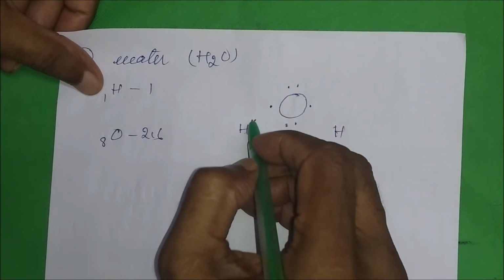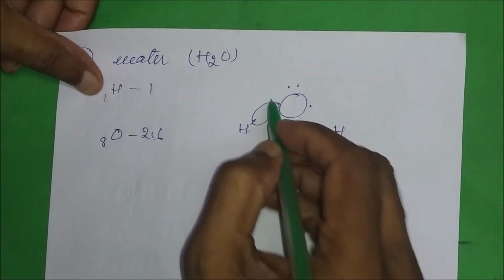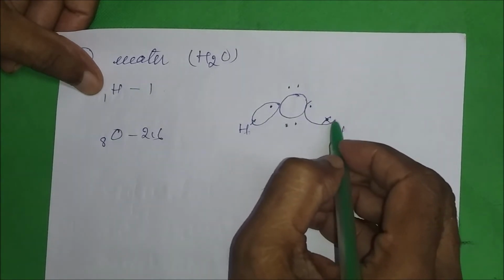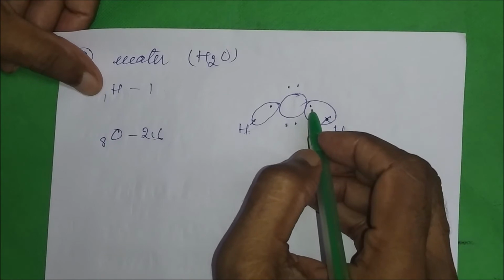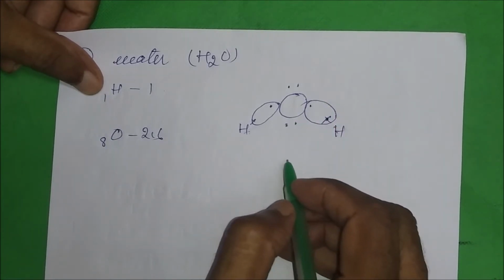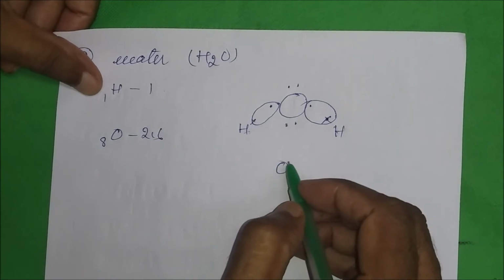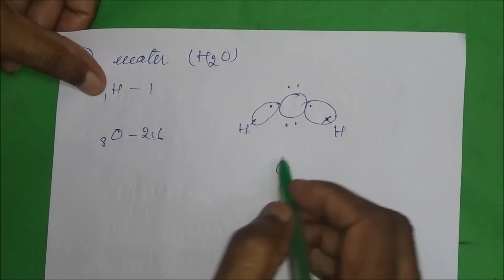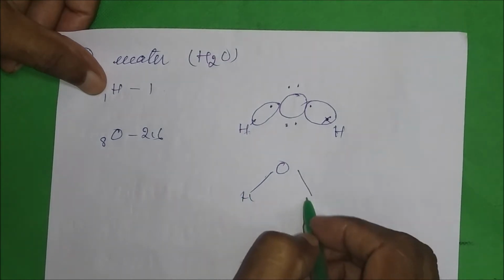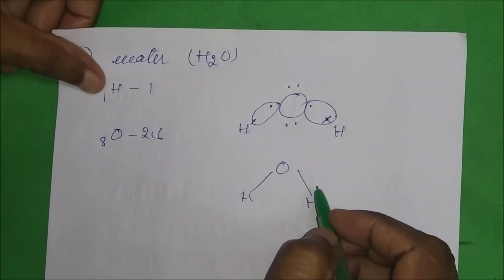So this will be combining with this. So what has formed here? See, oxygen was there and then one hydrogen here and one hydrogen here, right?